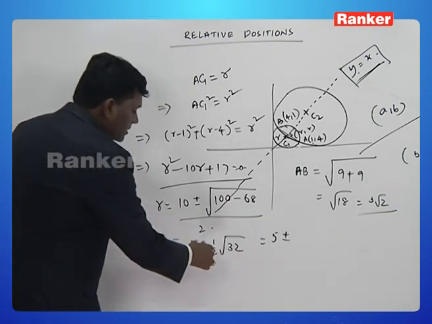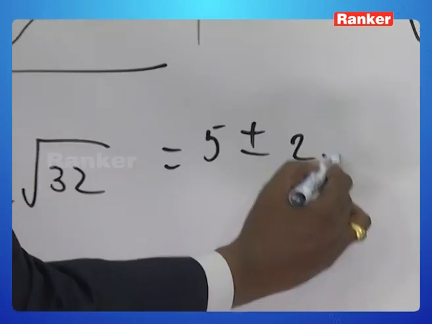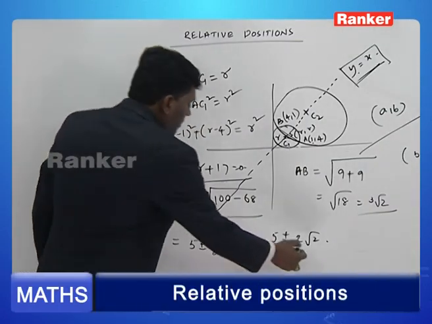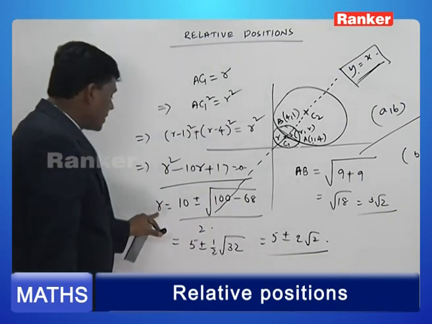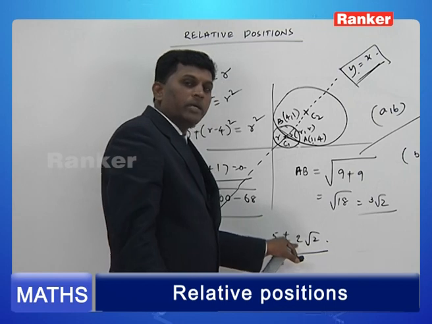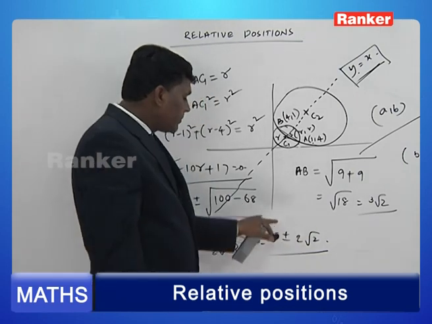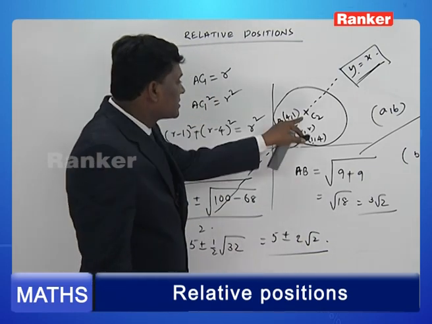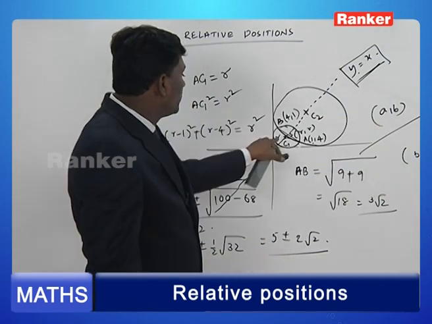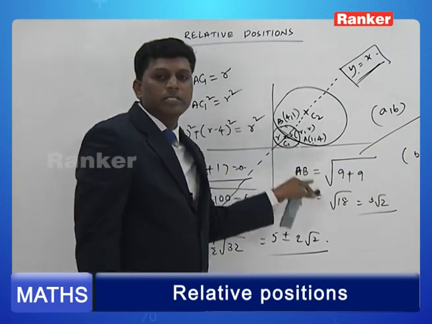Root of 16 is 4, 4 by 2 is 2, so you are getting 2 root 2. Therefore, we are getting clearly two values for r: r equals 5 plus 2 root 2 and 5 minus 2 root 2. 5 plus 2 root 2 will give you the radius of the bigger circle, and 5 minus 2 root 2 will give you the radius of the smaller circle.